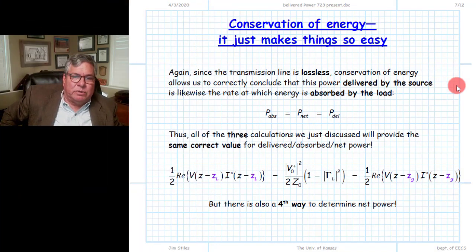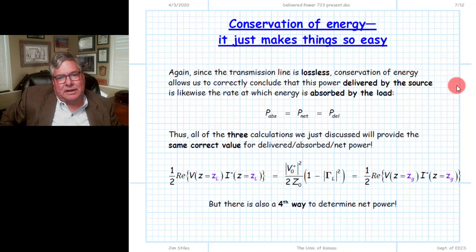Oftentimes students will ask which of these three methods they should use. Sometimes students are stressed about trying to identify which one because they want to make sure they get the right answer, and if they don't pick the right method of these three, then they'll get the wrong answer.